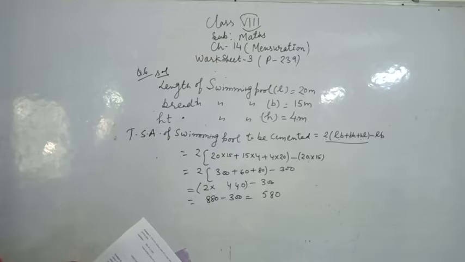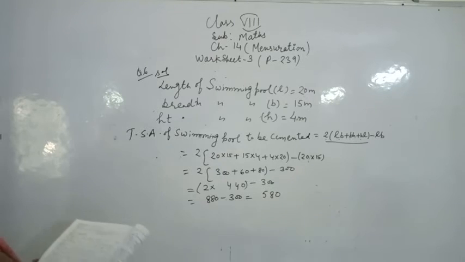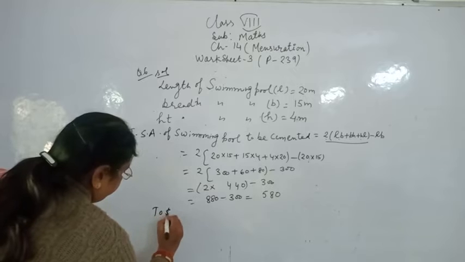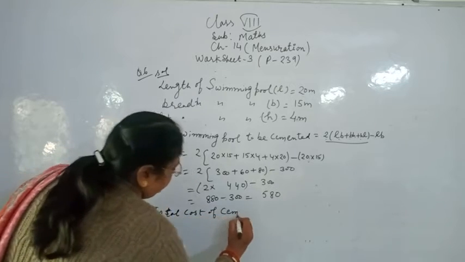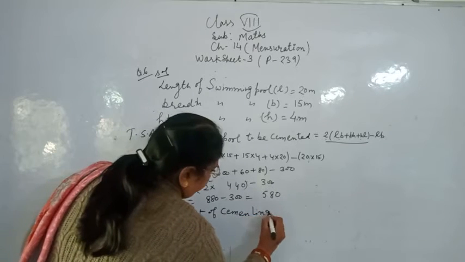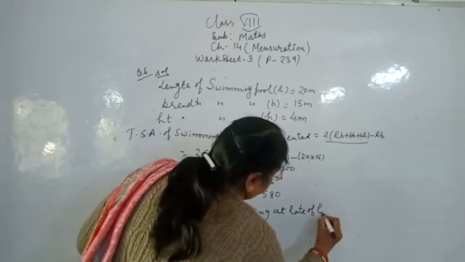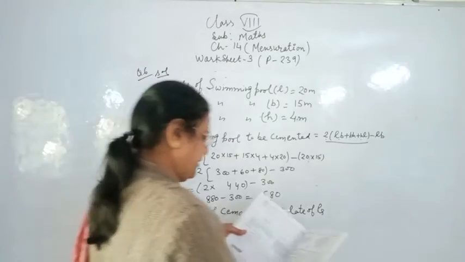And we have to again find out the total cost of cementing its floor and the walls at rupees 35 per meter square. So write down here the total cost of cementing at the rate of rupees 35 per meter square.